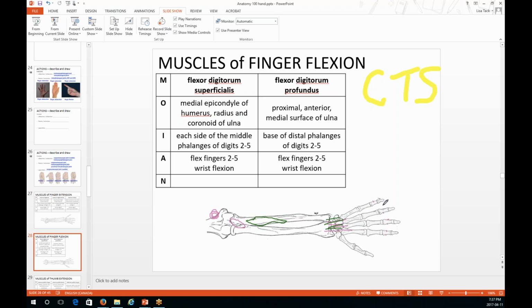And it goes to the base of the distal phalange. So it just splits once. It doesn't split again. But it goes all the way, it goes farther because it's deeper. I don't know if that's why, but that's just what I remember. So it goes to the base of the distal phalange. So again, flex the fingers. Of course, it can help with wrist flexion because of where they cross. They cross the wrist joint.